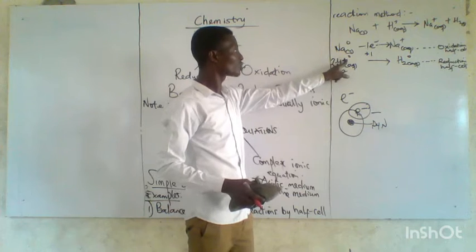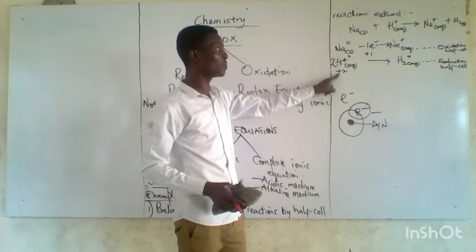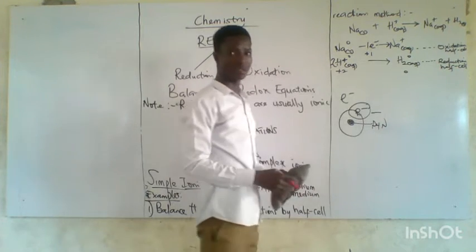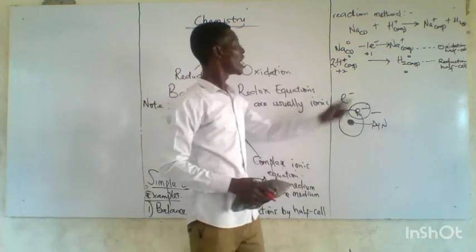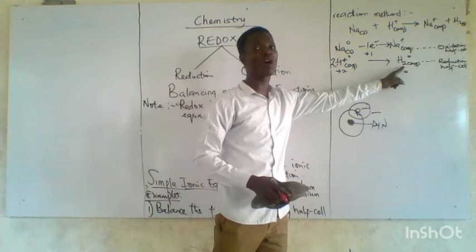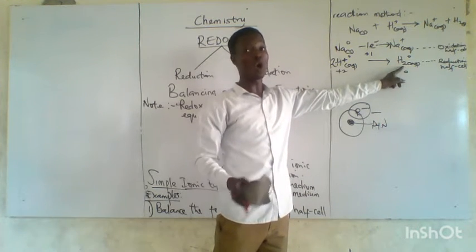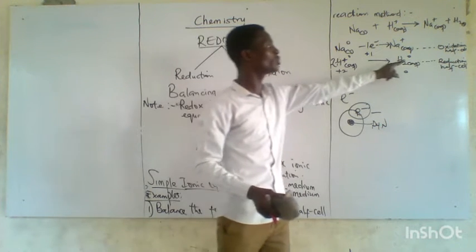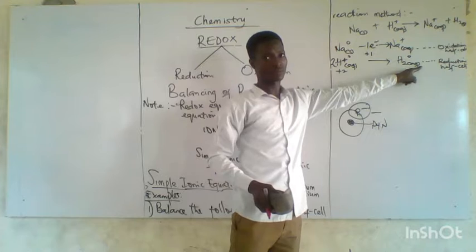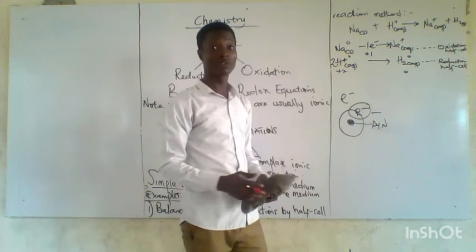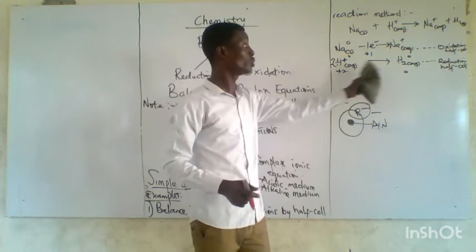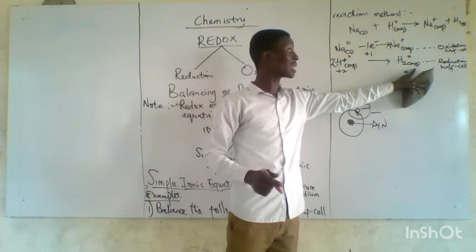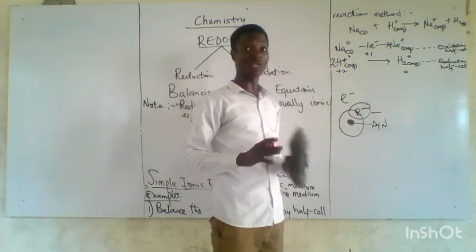So here I have plus 1 times 2, which will give me plus 2. This side is purely 0 because there's no charge. Does that make sense? So how can I increase the number of electrons here, or by decreasing? I want to increase here so that the reactant side and the product side are balanced ionically.